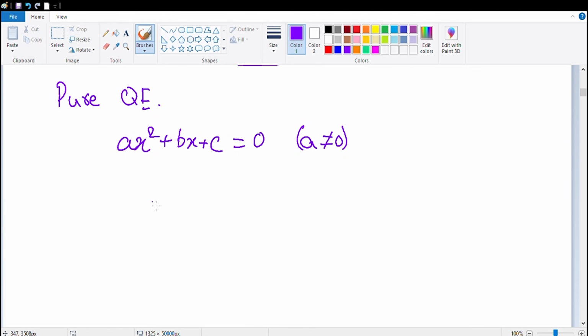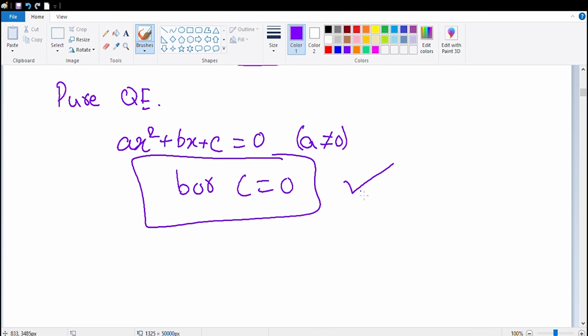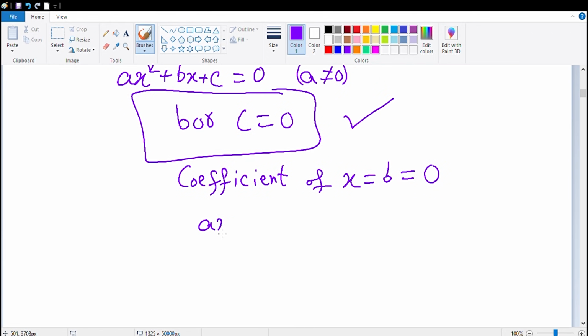We only said a can't equal 0. There's no going against b or c being equal to 0. This is totally fine. So, interestingly enough, when the coefficient of x, which is b, is equal to 0, it's going to be written in the form ax squared plus c is equal to 0, because it's ax squared plus 0x plus c is equal to 0.